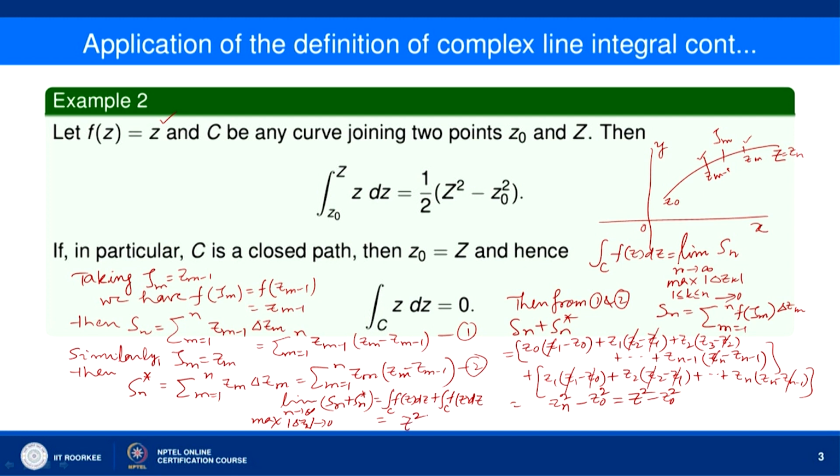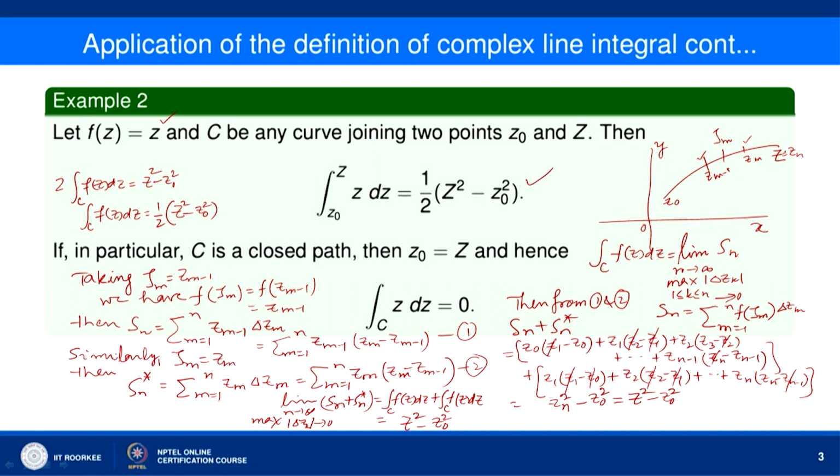So, twice the integral over C f(z) dz is equal to Z square minus Z naught square, or we can say the integral over C f(z) dz is equal to half of Z square minus Z naught square. So this is how we prove this result.